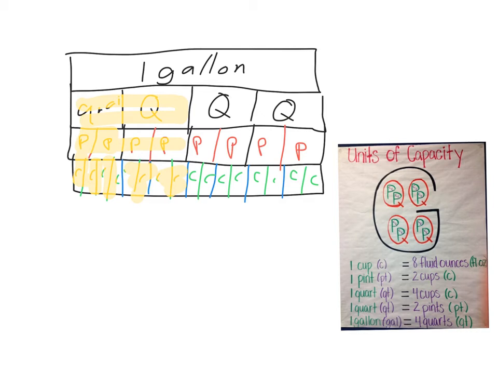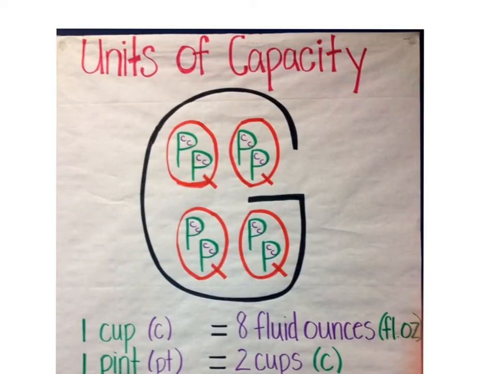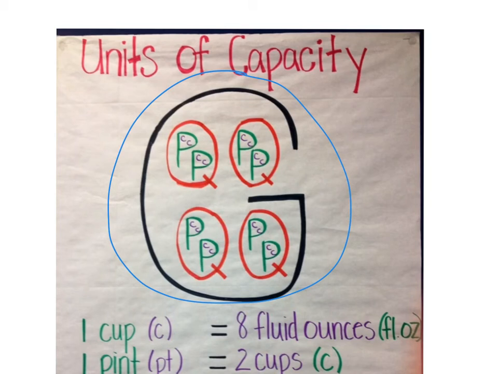You can also use that big G to use the same strategies. Again, you can see this representing 1 G or 1 gallon. Within there you can see the 1, 2, 3, 4 quarts. But if we're wanting to convert, we can also look at it in this way.